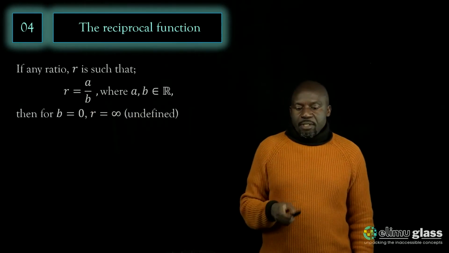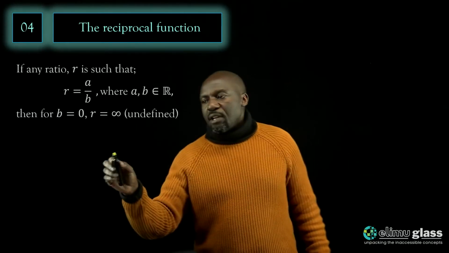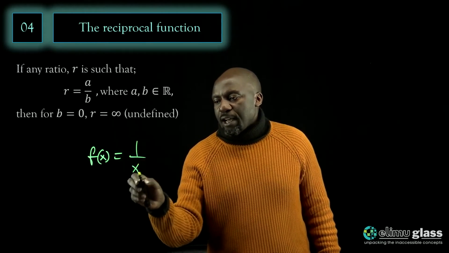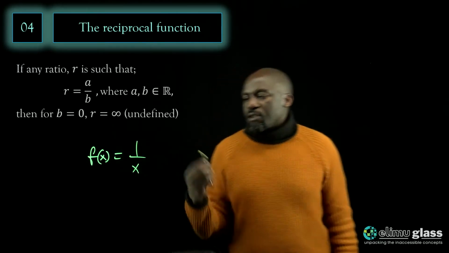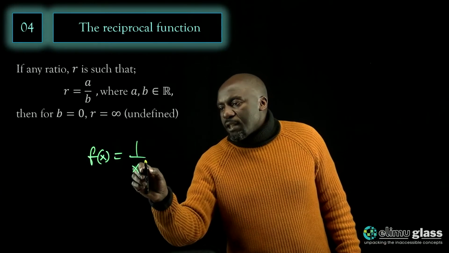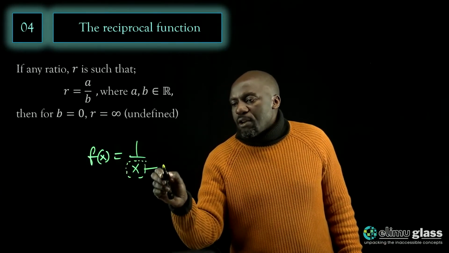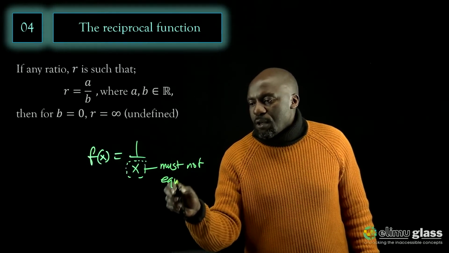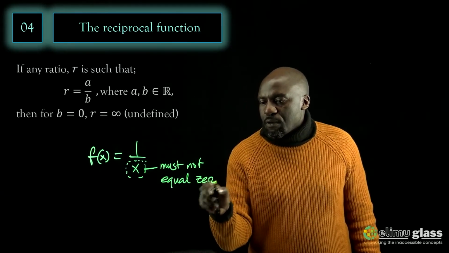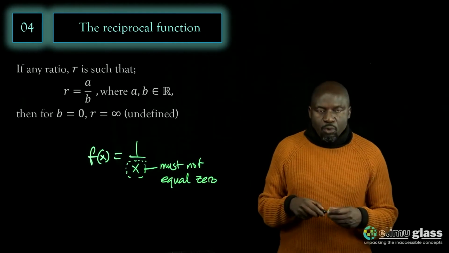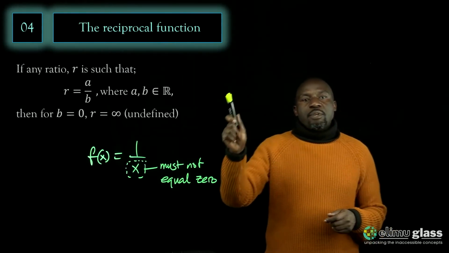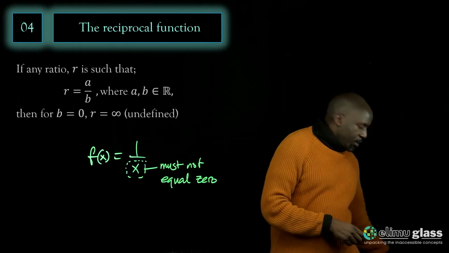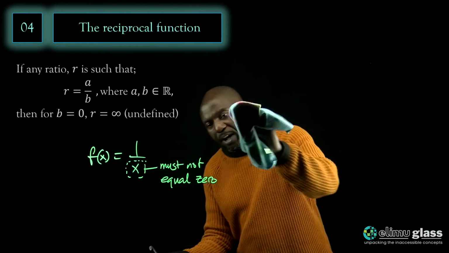So if we are given a function f of x is 1 over x, or 1 over h of x or whatever, this thing in the denominator here must not equal 0, okay? And this is the rule that we are going to use to determine the implied domain for reciprocal and rational functions.